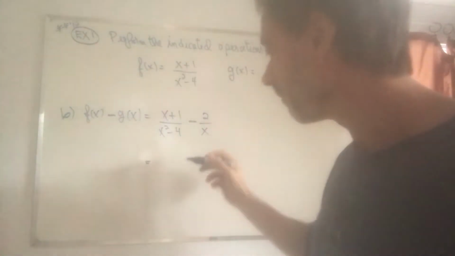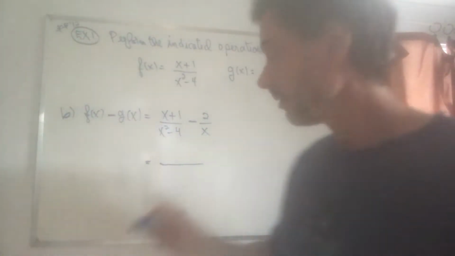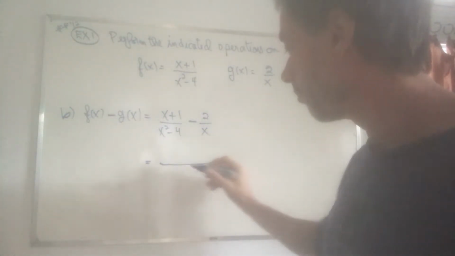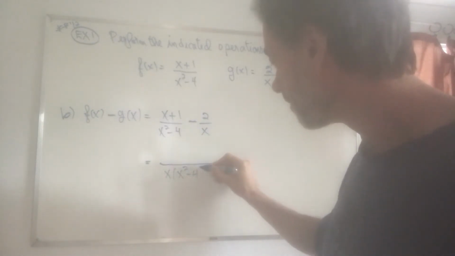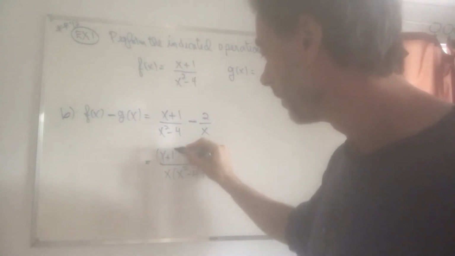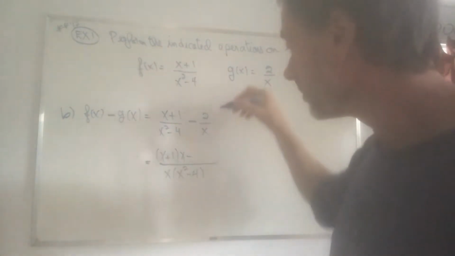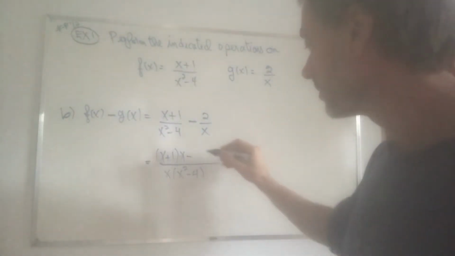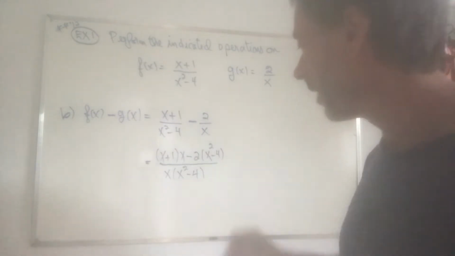I apologize for that, but it'll help us drill it in. Common denominator, we multiply the two denominators, so x times x squared minus 4. The crisscross is x plus 1 times x, minus the other crisscross, 2 times x squared minus 4.